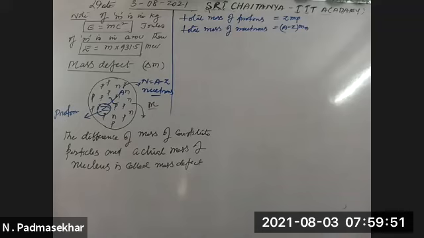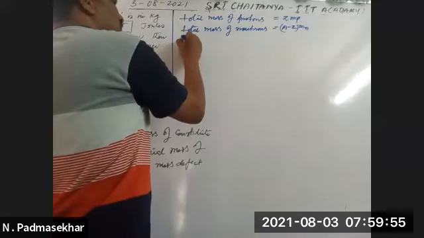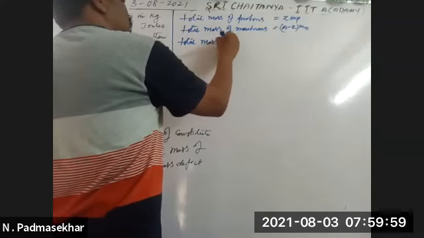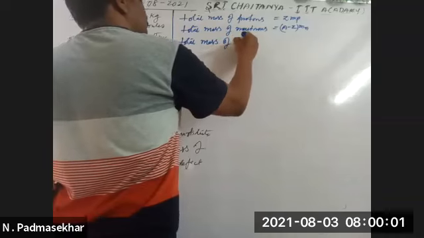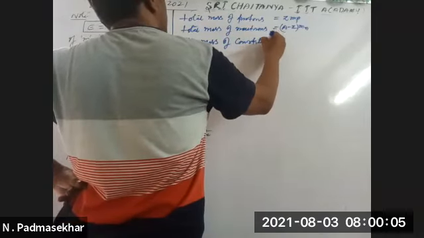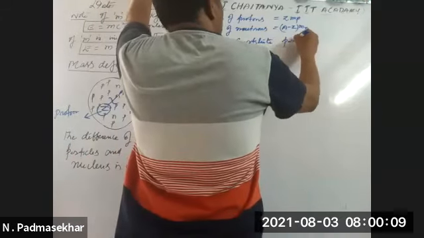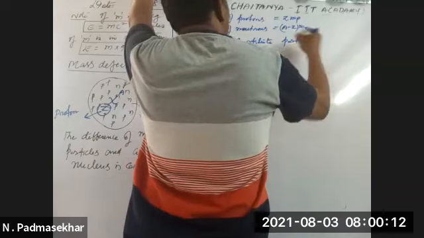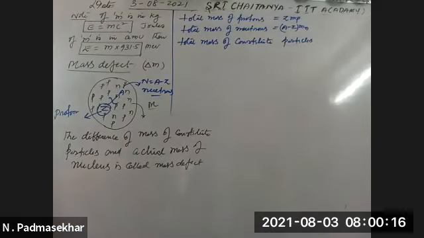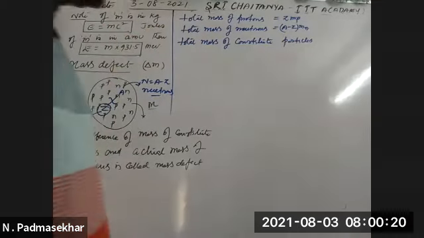So total mass of constituent particles. Total mass of the constituent particles is mass of the protons plus mass of the neutrons.